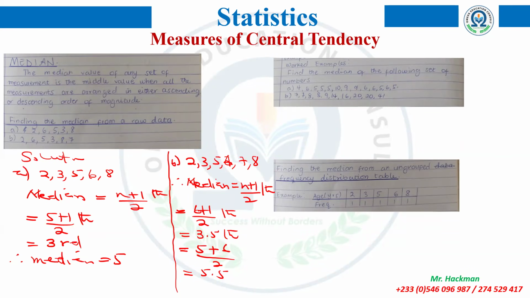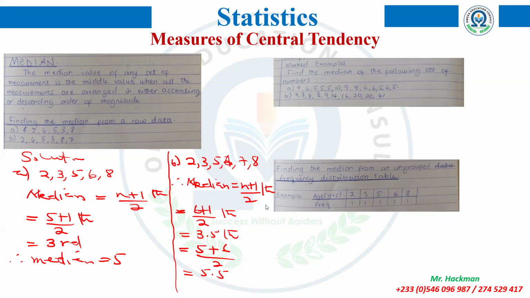Anytime you are dealing with a frequency distribution table, be it grouped or ungrouped, you have to be very careful in terms of your formula. You just have to know the formula for the raw data. If you know it, there is always a trick to move from the raw data formulas to the frequency distribution table formulas. And by that, this is what I mean.